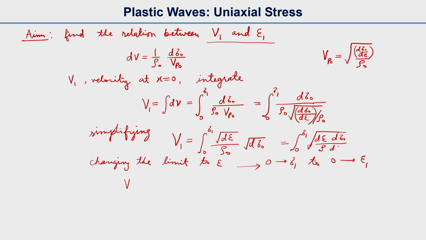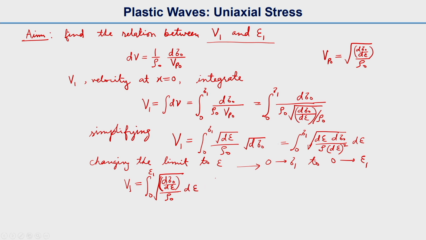We can get d epsilon squared, and outside one more d epsilon, so we can write it in terms of 0 to epsilon 1, the square root of d sigma naught d epsilon over rho naught, whole thing, d epsilon.